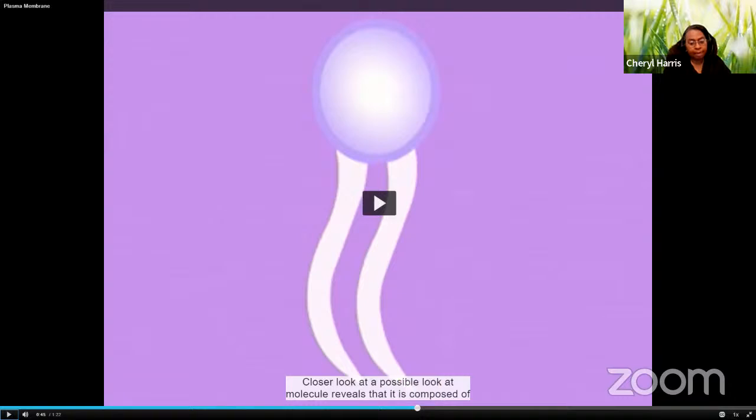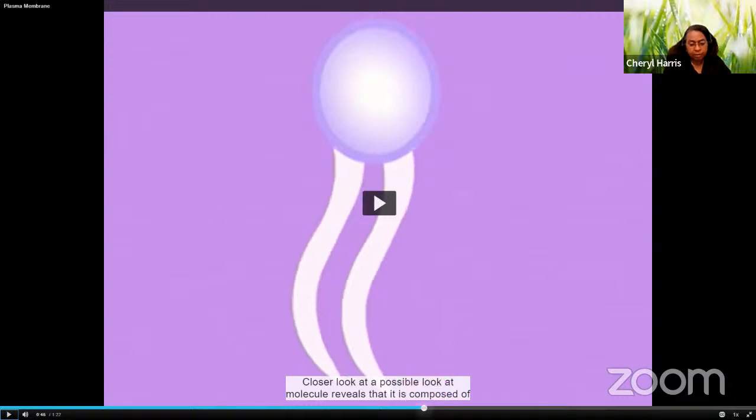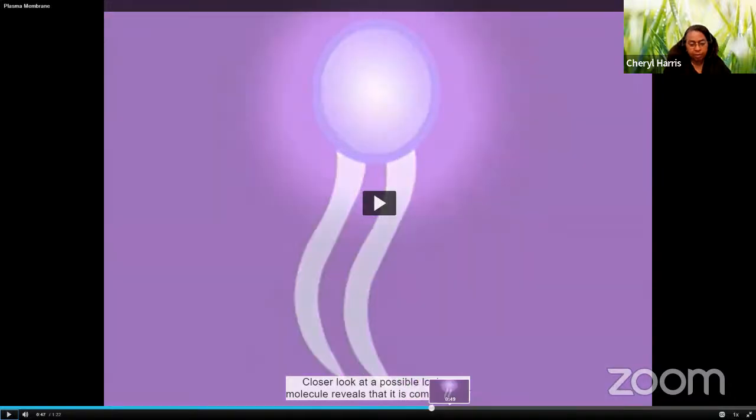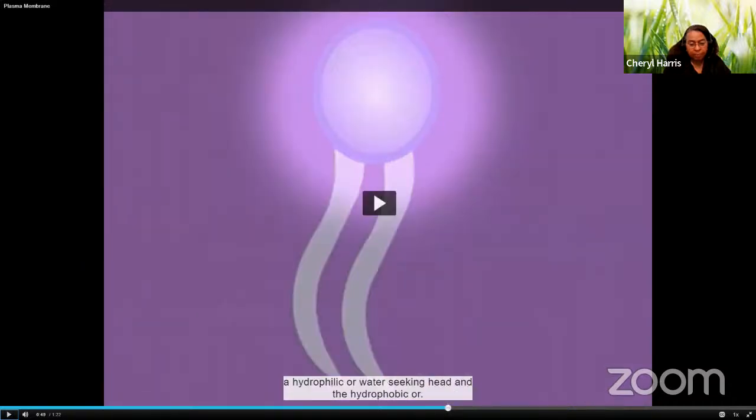Hydrophilic and hydrophobic. You need to know those two words in terms of this phospholipid layer. Hydrophilic and hydrophobic.